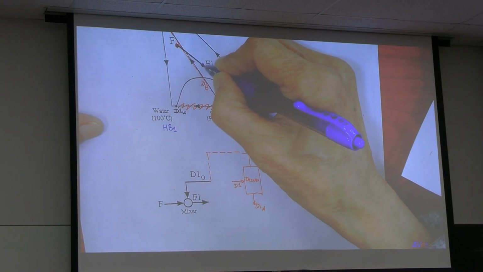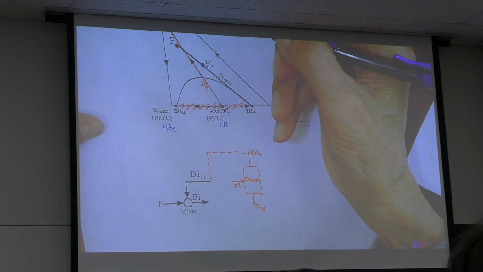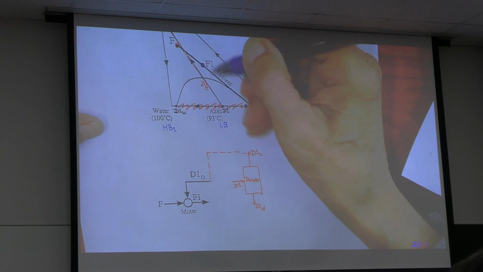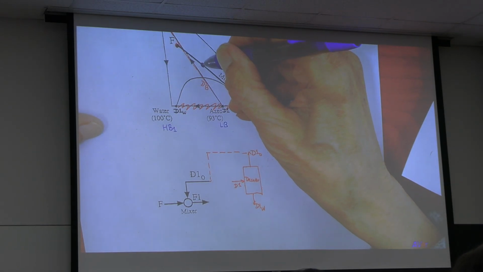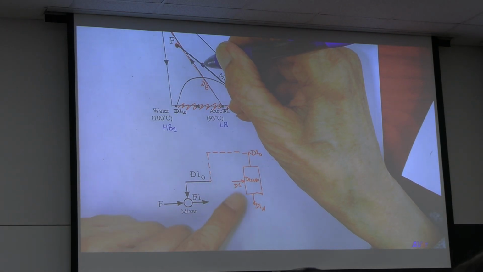Now, you see this F1? This feed. How do I produce D1?